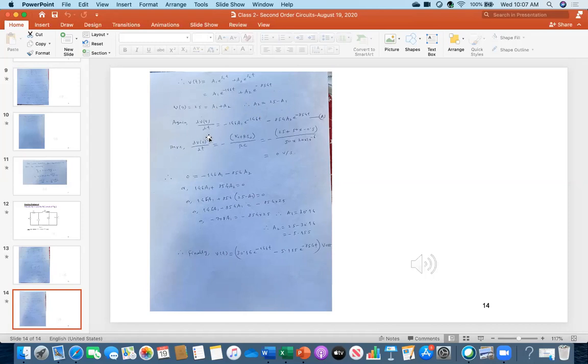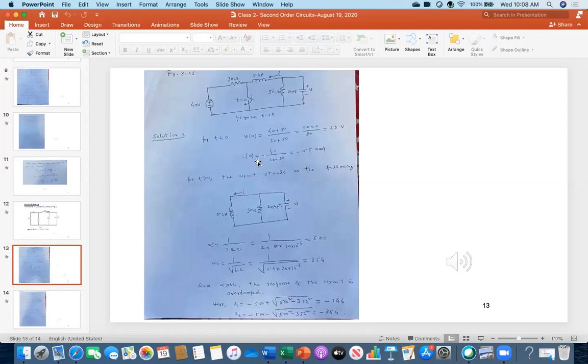Now again, similarly, take the time derivative of this one, dv by dt. I get this, and then take the help of that one. Can you remember this one that I discussed in the first problem? dv0 by dt, again the same thing, and plug in the corresponding values: v0 is 25 from the initial condition, and I0 is minus 0.5.